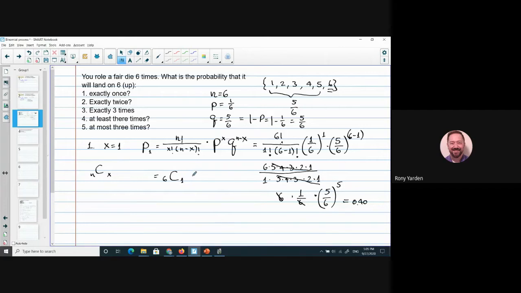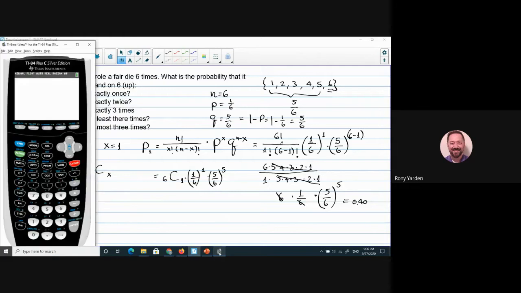And then we have P, which is 1/6 to the power of 1, and then we have 5/6 to the power of 5. In this case, we already know from the previous solution that these two cancel out and I only have to calculate these. But the point of this part is just to show you how to use the calculator. So at this point, I can start punching everything directly into the calculator.